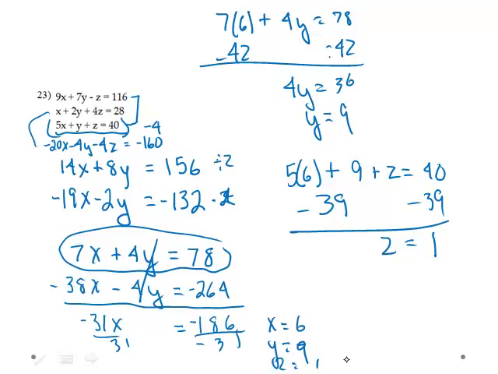Substitute in, let's see, 9 times 6 is 54, plus 63 minus 1 is 116, is true. Okay, so here's our answers right here. And I think that's all of them.